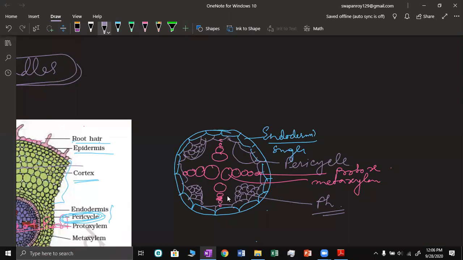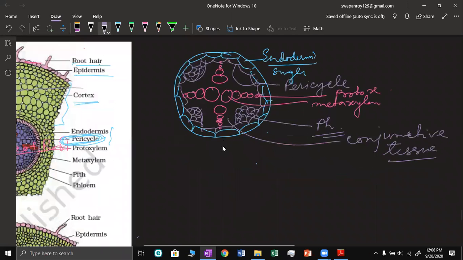Xylem, phloem, and in between there is a portion called the conjunctive tissue. In dicot root, the vascular bundle is xylem and phloem patches.